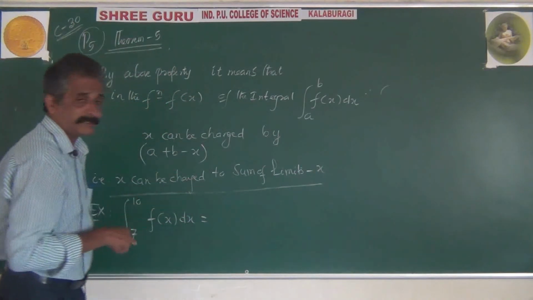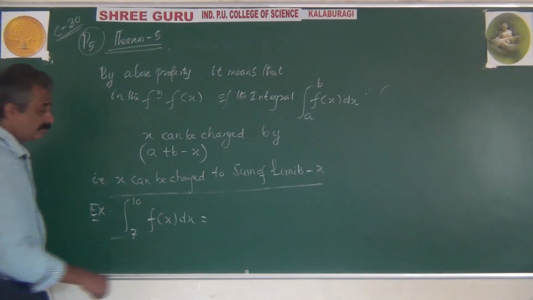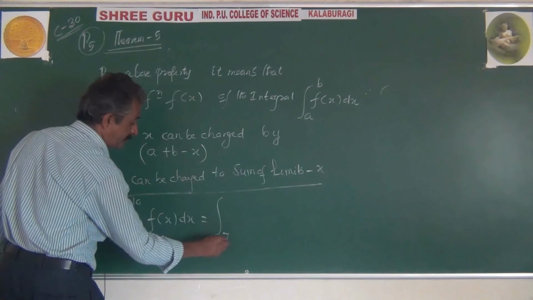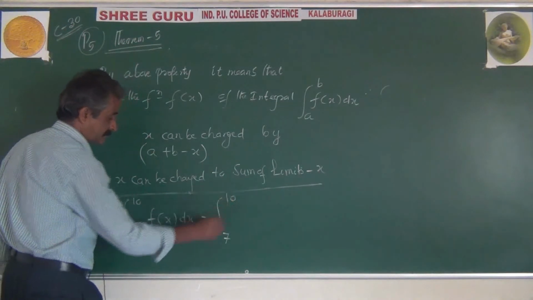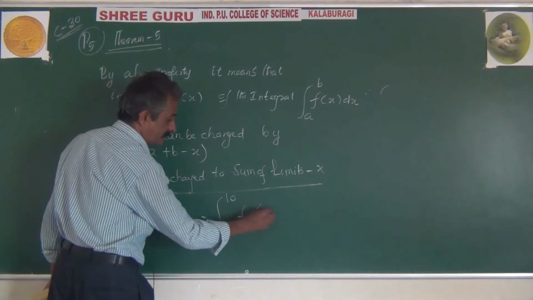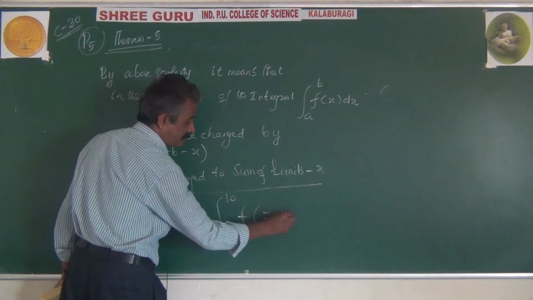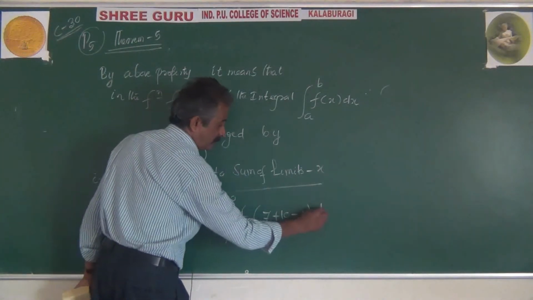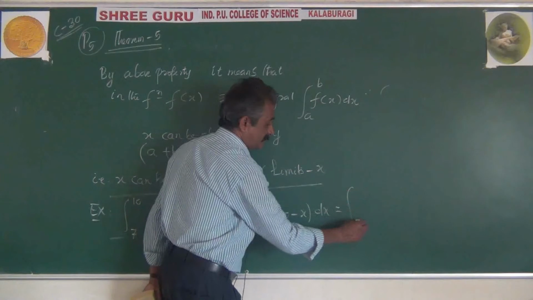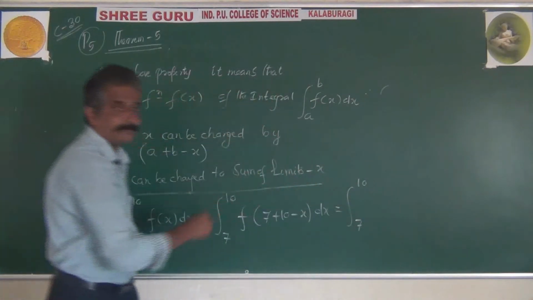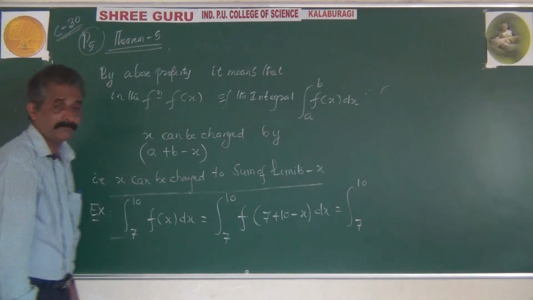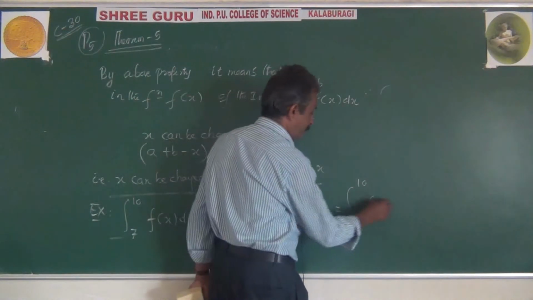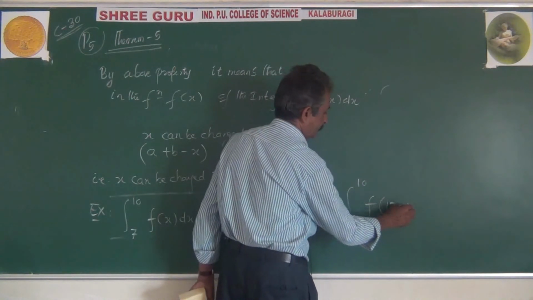But what is 7 plus 10? 17. So we can change x to 17 minus x. Integration 7 to 10 f of 7 plus 10 minus x, or that is equal to integration 7 to 10 f of 17 minus x.